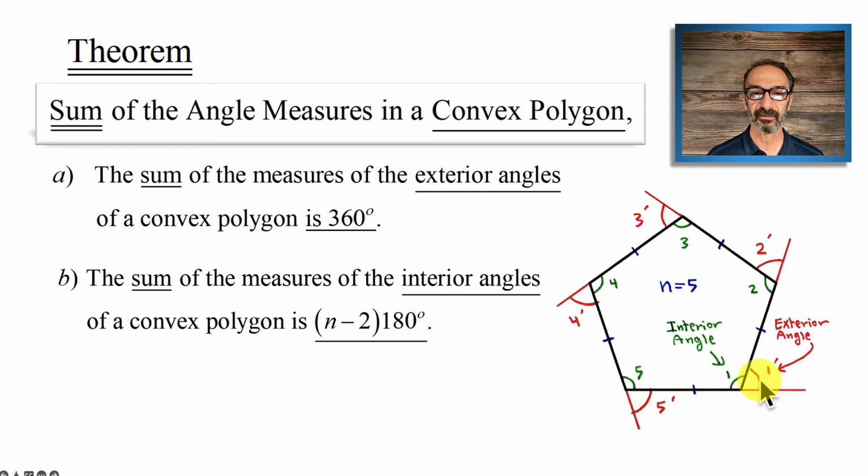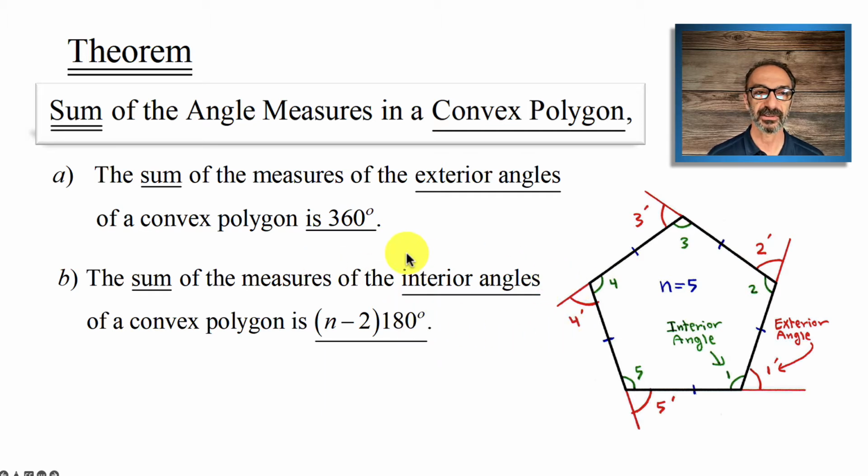So if you add 1 prime and 2 prime and 3 prime and 4 prime and 5 prime, as an example, if n equals 5, it adds up to 360. The second part says the sum of the measures of the interior angles, the ones in green, adds up to n minus 2 times 180. So 2 less than the number of sides, multiplied by 180.